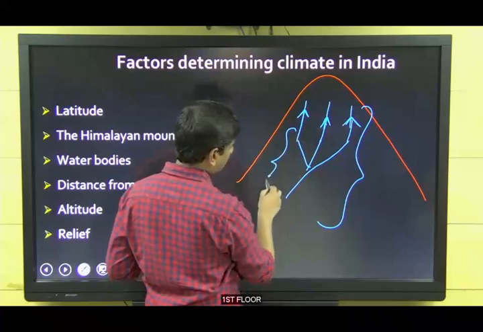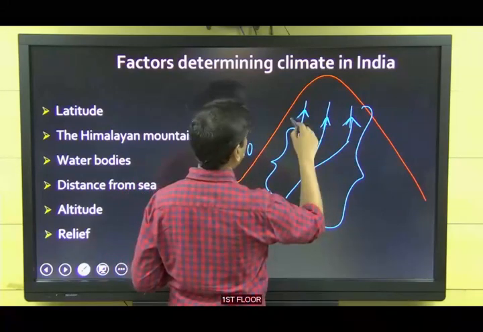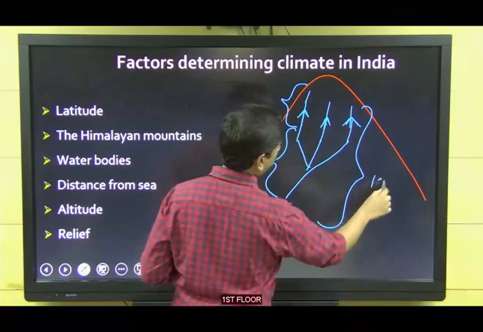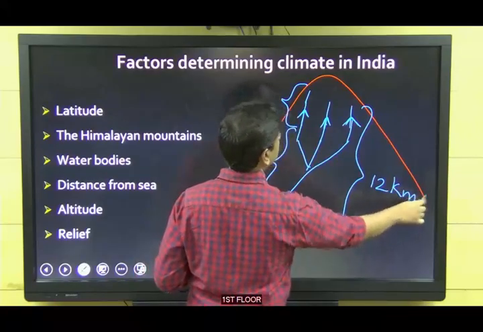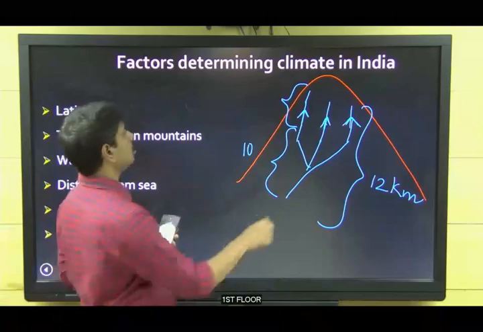Earlier the length of the river was, say, 10 kilometers. Now due to this addition of 2 kilometers by headward erosion, it has become a 12 kilometer river. This is known as headward erosion, for your understanding.